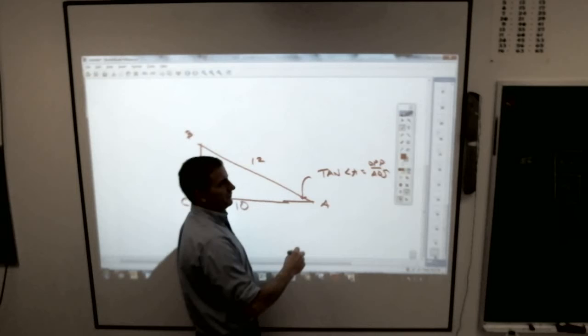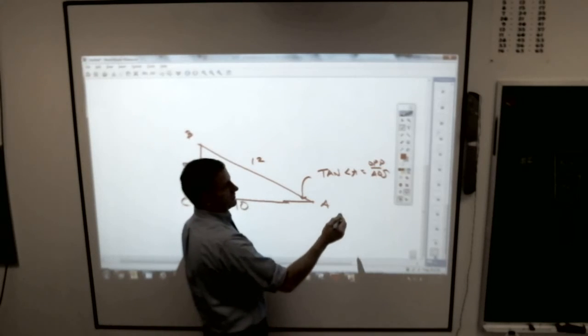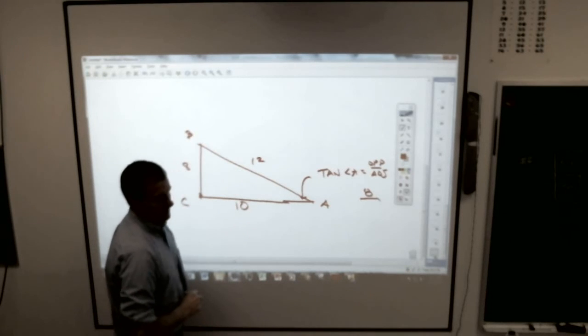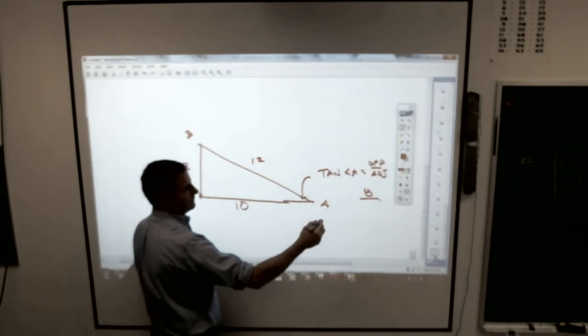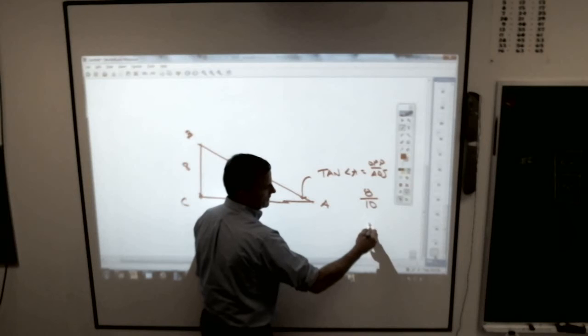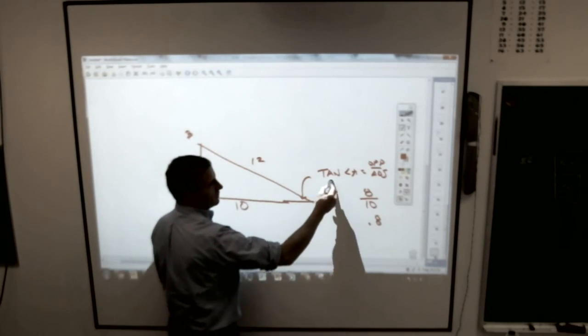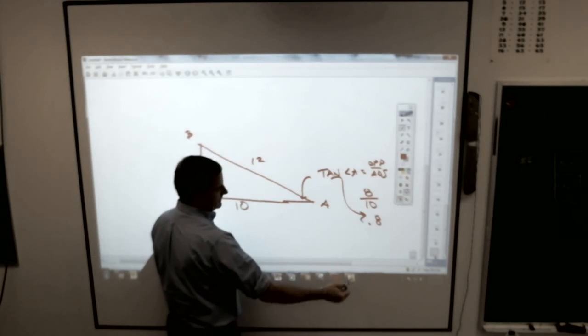You plug in the side opposite angle A, which is 8, and the side adjacent to angle A, which is 10. As a decimal, it is 0.8.